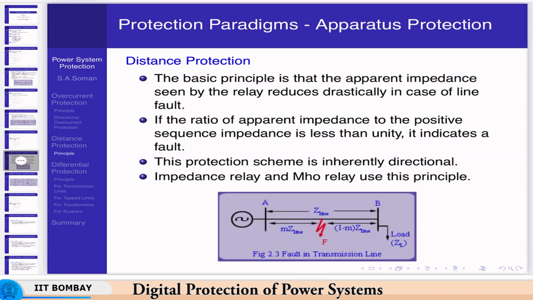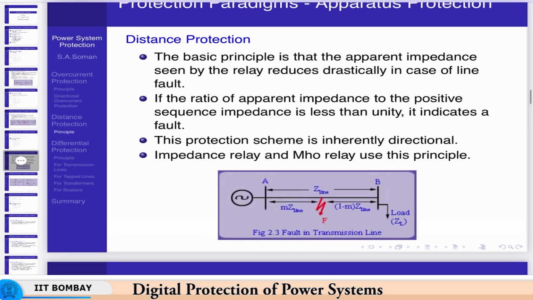You did not give it any other external input. Unlike an overcurrent relay where we needed to give the PT input for it to be able to discriminate the direction of the fault, here there is already a PT input given, and therefore you get a directional sense. Impedance relays and mho relays are a few of the relays that are based on this principle.